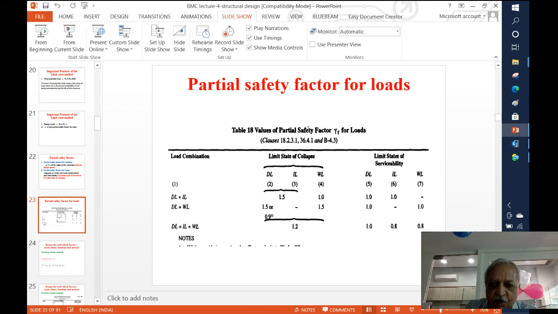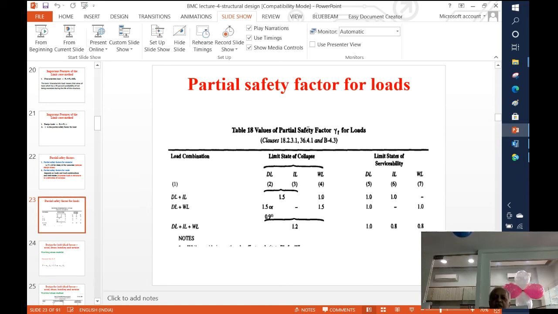So we say that we have got these simple criteria for designing the different material, different members. So we have determined the forces in the members by the entire process, where we have carried out the analysis, got the forces. We have also assumed some sizes. So I want to now design that particular member.